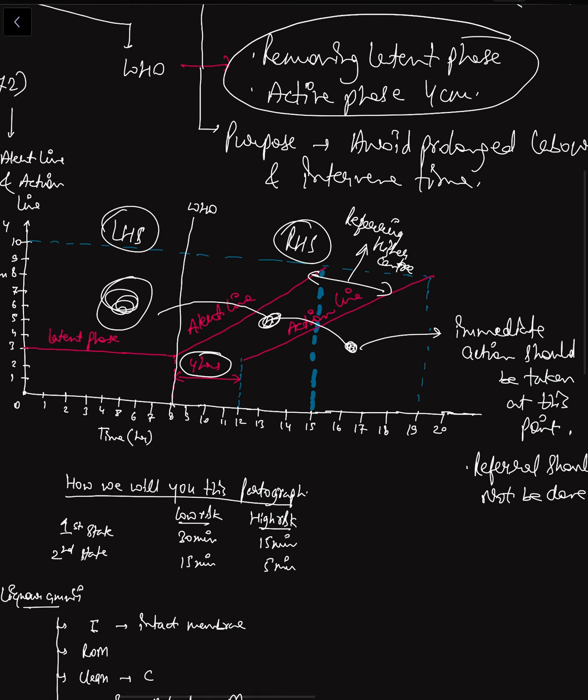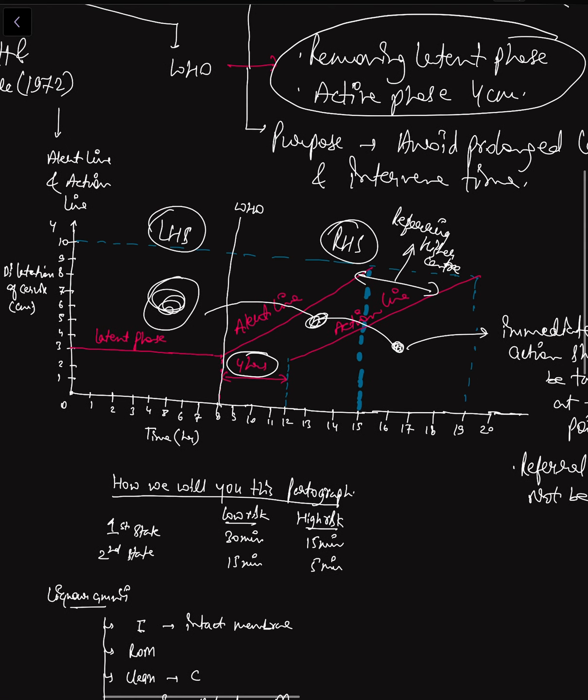Between the alert line and action line, a 4-hour gap should always be maintained. If the line crosses the alert line, it is the indication for referring to a higher center. If it crosses the action line, then immediate action has to be taken and referral should not be done.